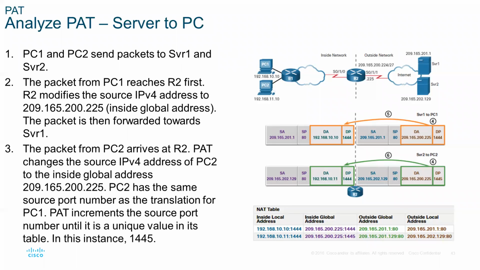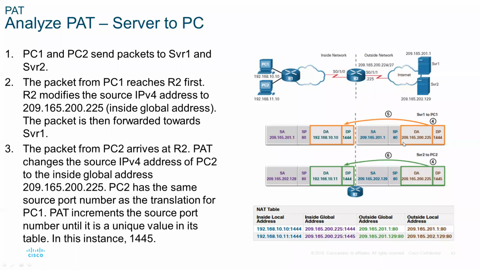So we can go through here and do the step-by-step comparison of the inside source addresses to the destination address. Now remember, when it's coming back in, it's the destination.